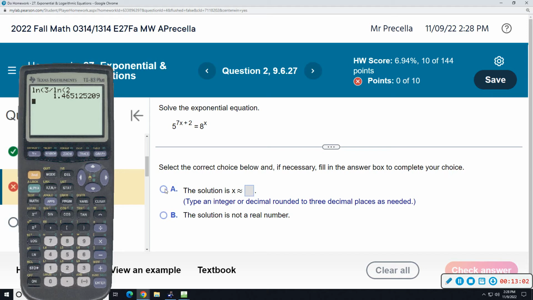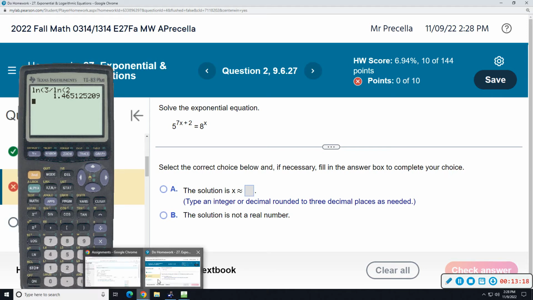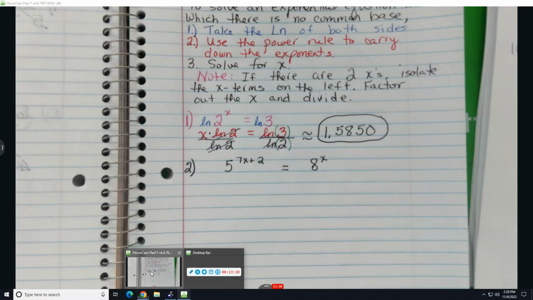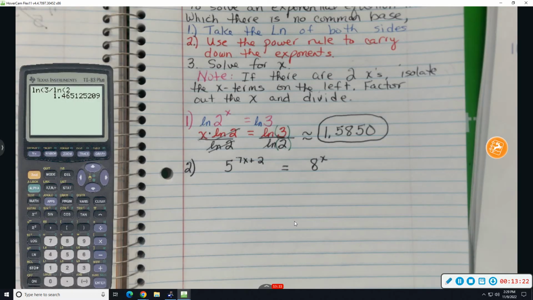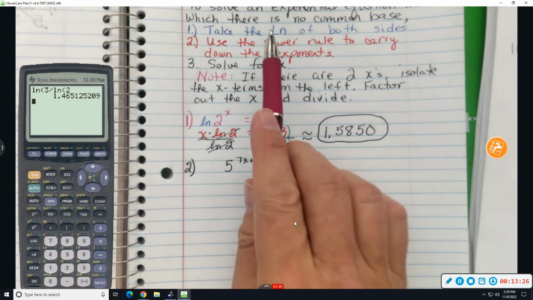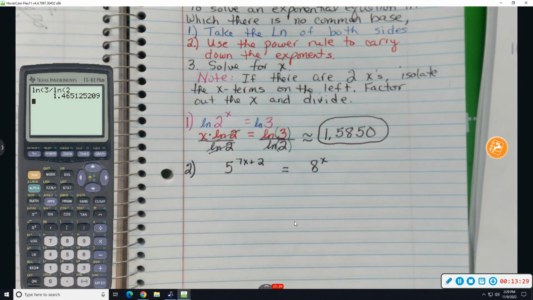5 to the 7x plus 2 power equals 8 raised to the x power. Well, we start off by sticking ln in front of each side.